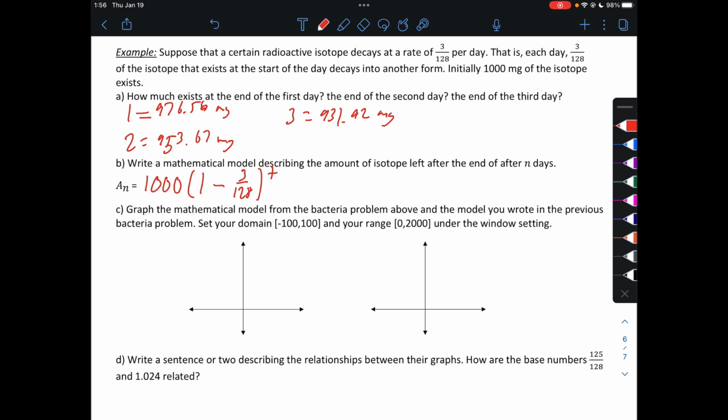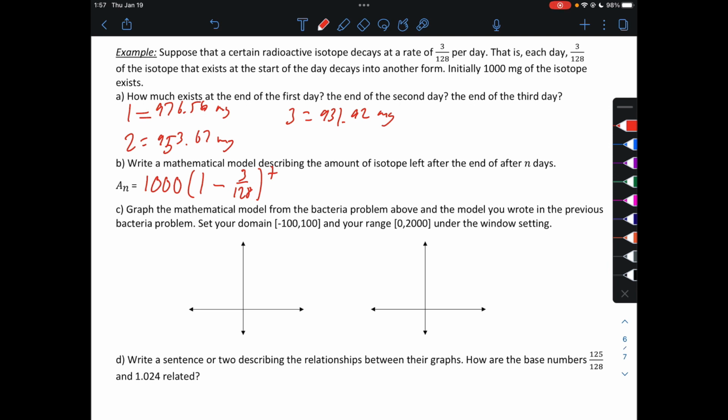Question C says, graph the mathematical model from the bacteria problem above and the model you wrote in the previous isotope problem. Set your domain here to negative 100 to 100. So let's do that. Negative 100 to 100, and range 0 to 2,000.